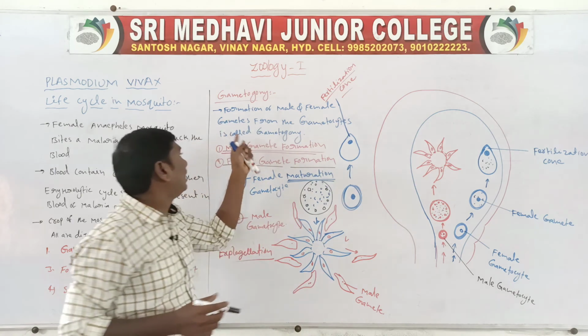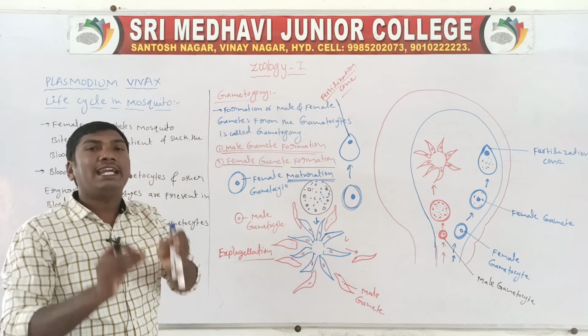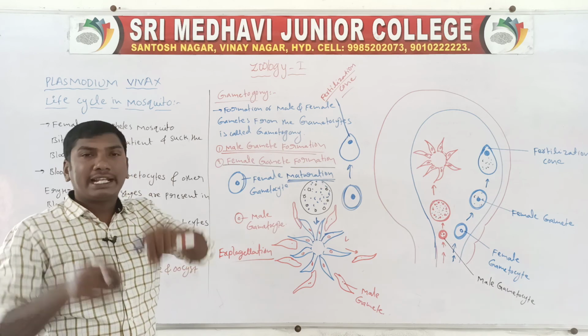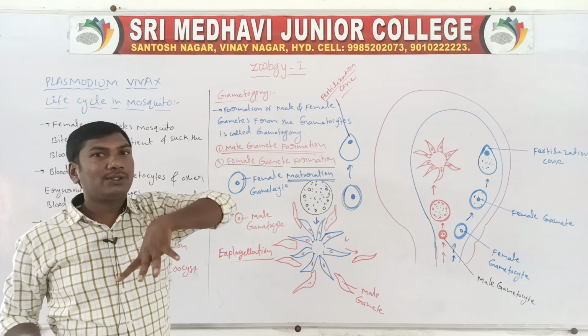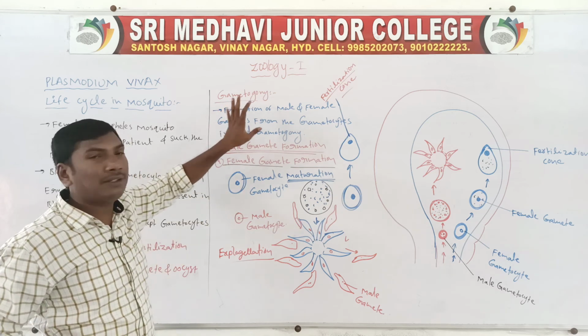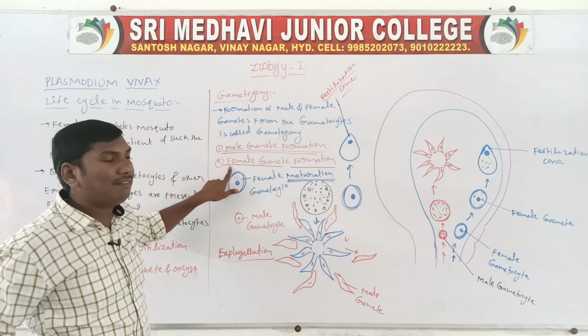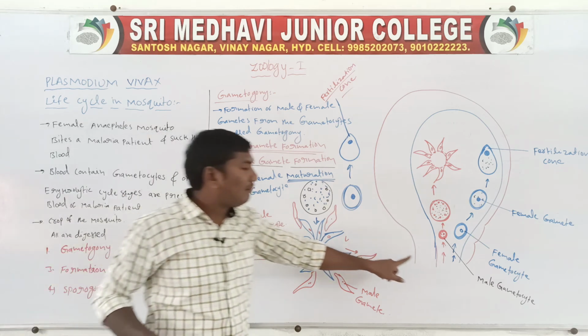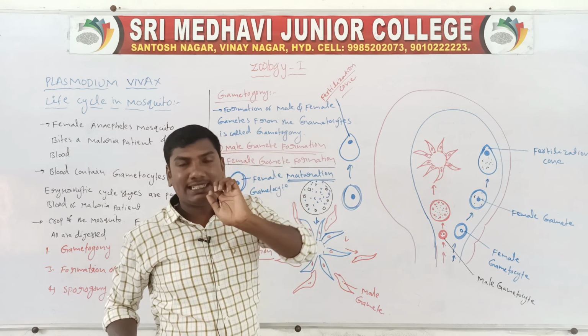This is gametogony. Gametogony means the formation of male and female gametes from the gametocytes. There are two types: male gamete formation and female gamete formation. First, male gamete formation. In the male gametocyte, the nucleus divides into 8 daughter nuclei.